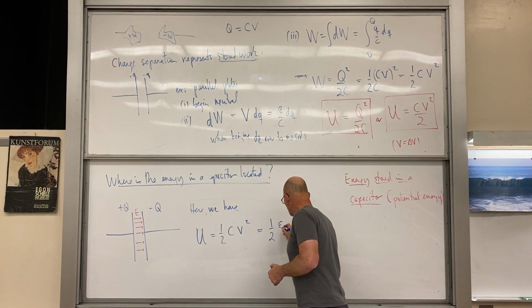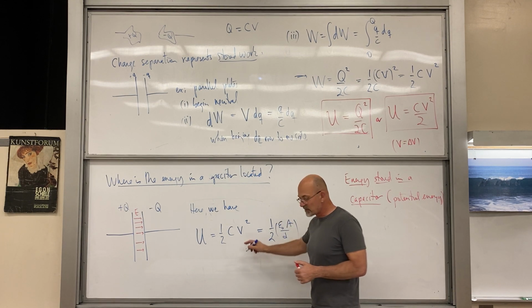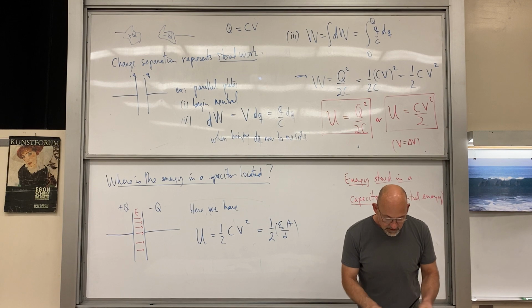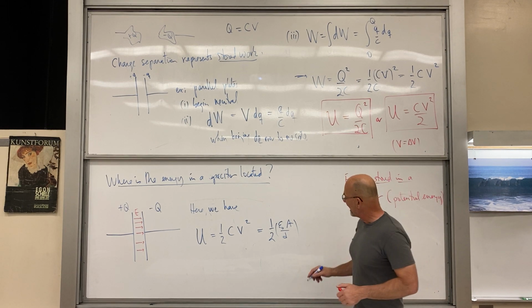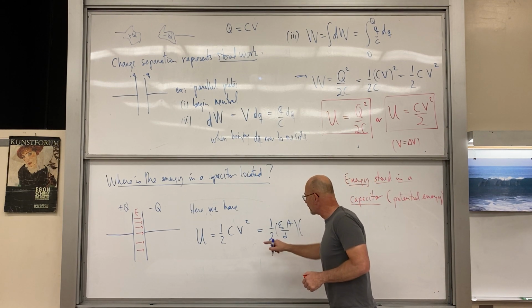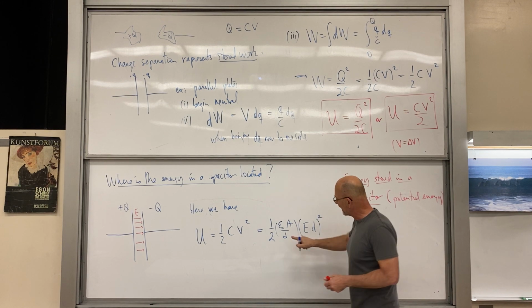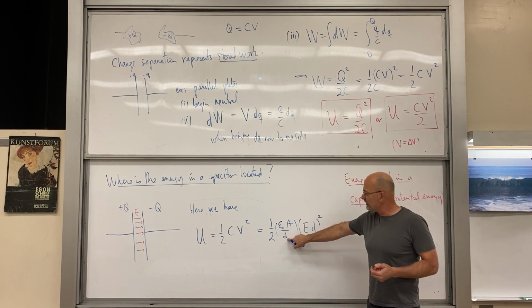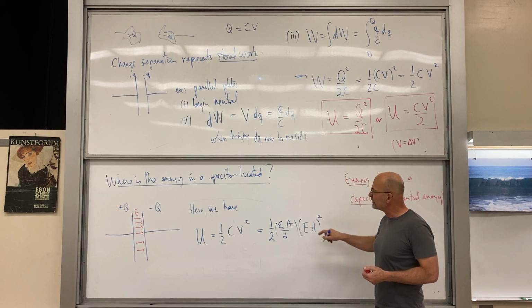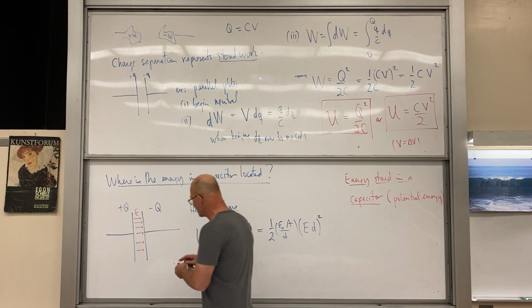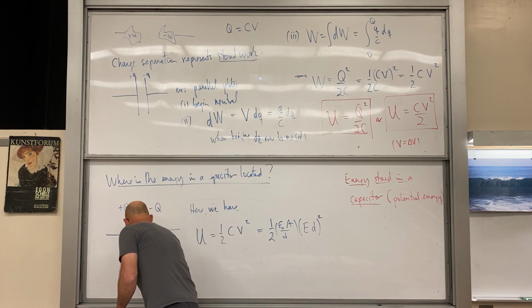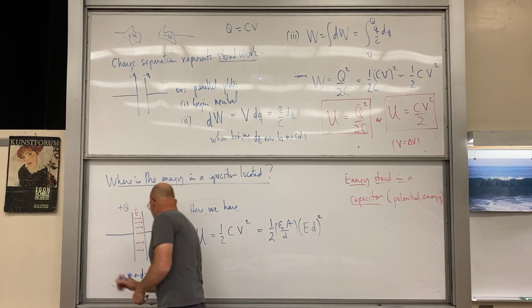That was just epsilon naught A divided by D. So that's what I'm plugging in right there. And the potential was just the electric field times the separation distance, and we're squaring that. Okay, so there's the capacitance of the parallel plate capacitor, E times D squared. Let's go ahead and label this so we know that we have D right there.